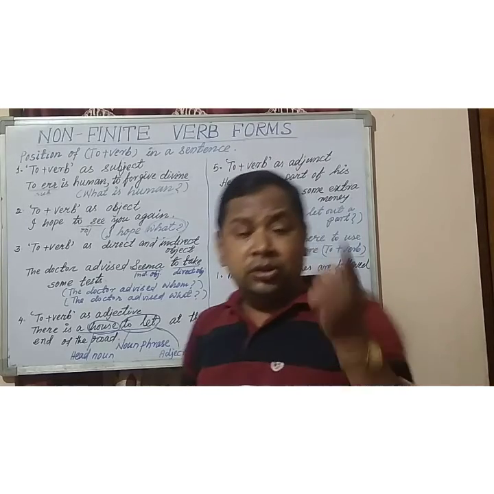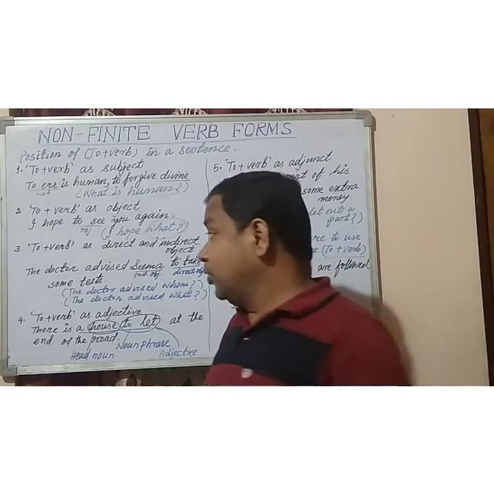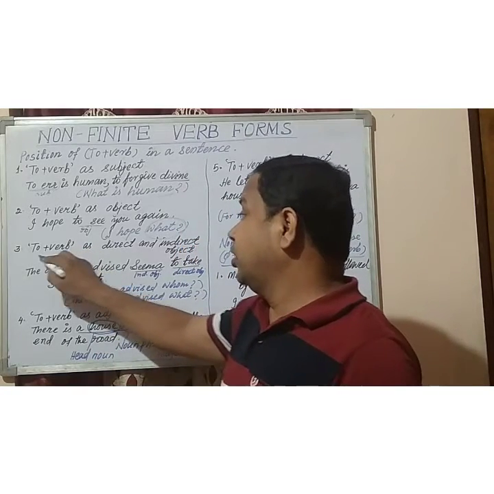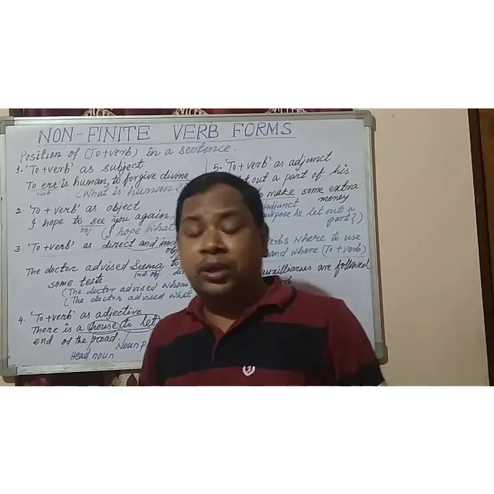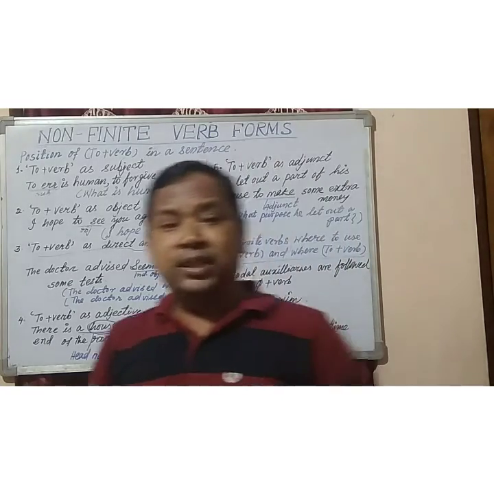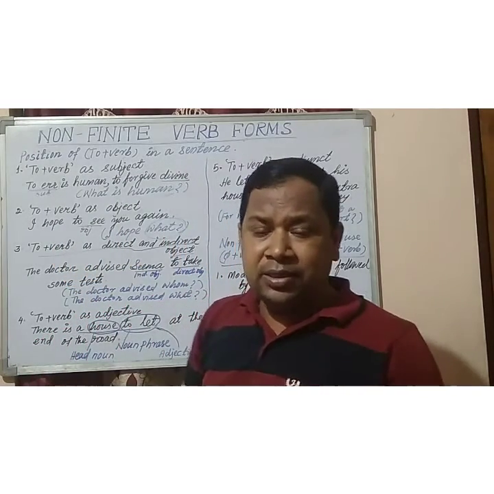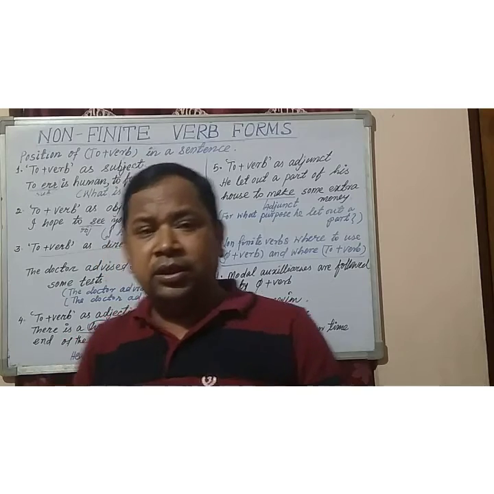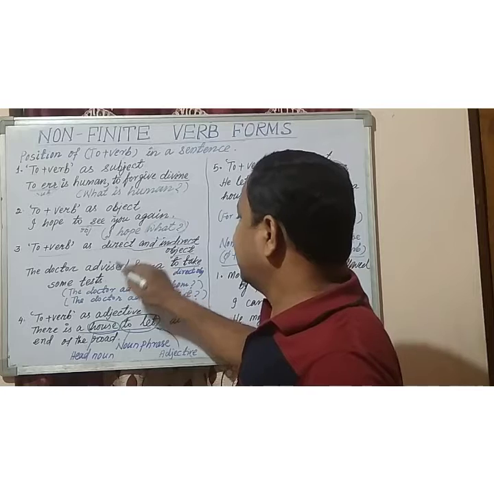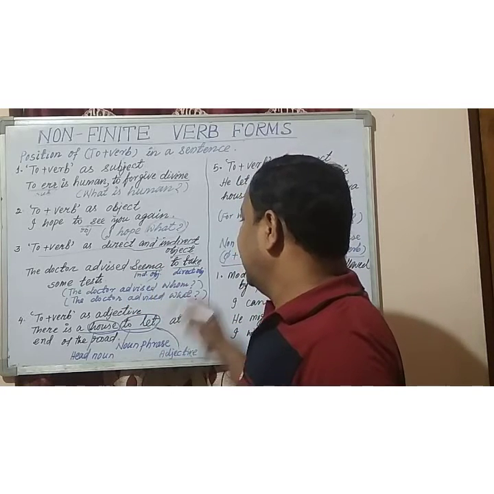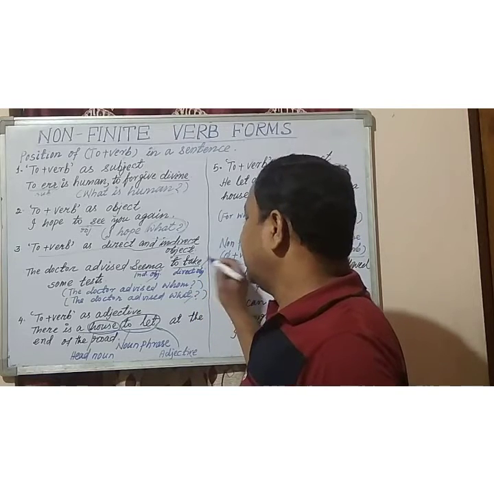Okay. In the third rule, we use to plus verb as direct and indirect object. As you know, direct and indirect objects can also be used in the same sentence. When we ask a question using whom, the answer is your indirect object, and when we ask with what, it gives the direct object.